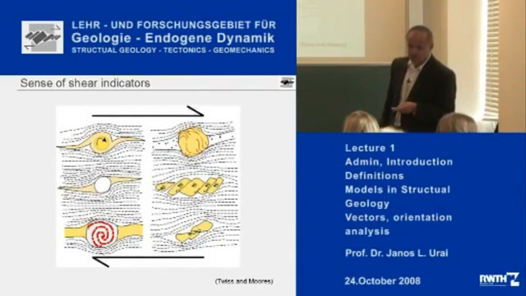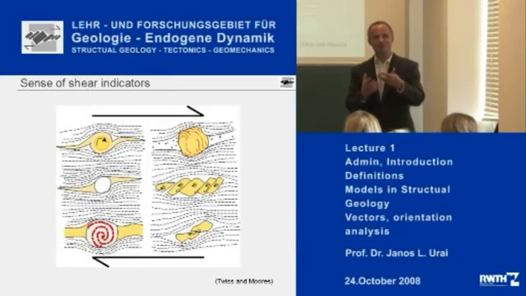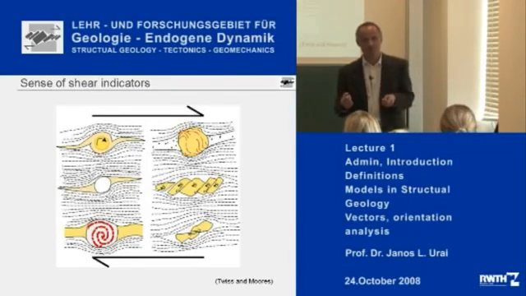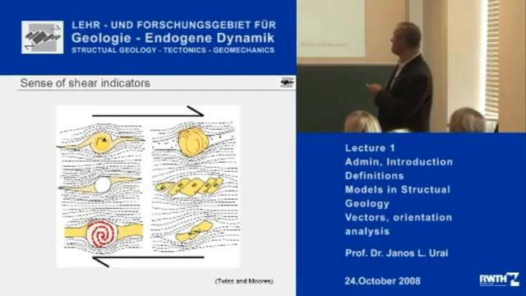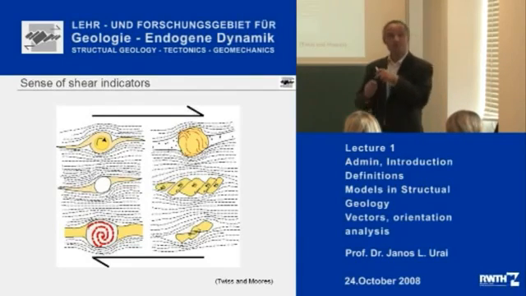Now let's go and look at kinematic models. How do we extract motion from rocks? And there are different ways. You can look at small-scale structures, for example, little garnets in crystalline rocks. This would just be a few centimeters, or pieces of feldspar crystal.